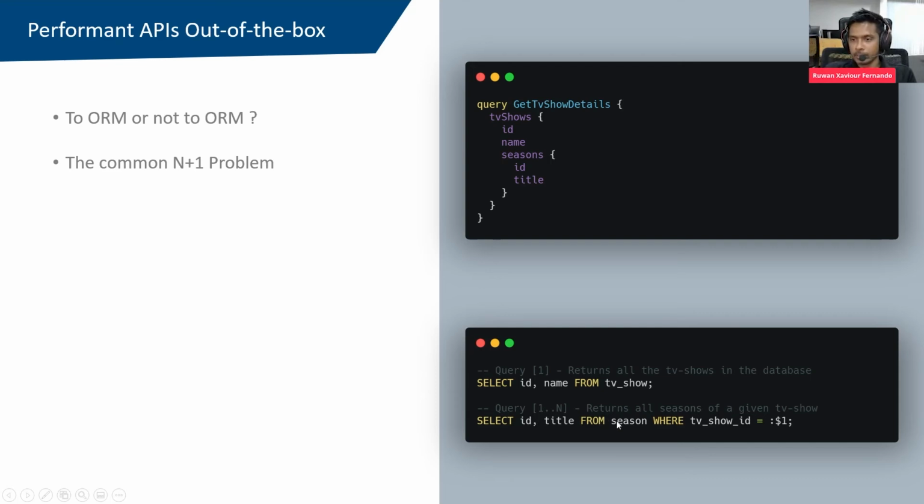We query all the seasons for that specific TV show ID. And this is super inefficient, if you did notice that already. The query execution time is data dependent. If you have 100,000 TV shows, your query will be dependent on that number, of course, because you are looping that many times. And this would be a very naive implementation of it.